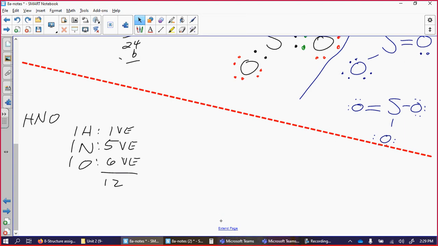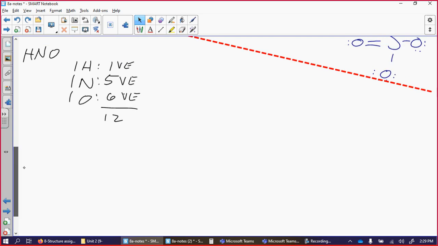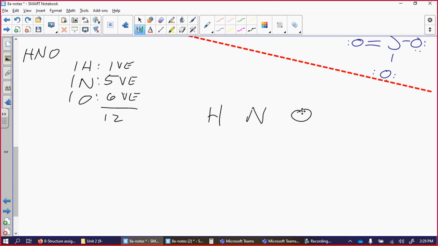Of those 3, which is the least electronegative? Well, technically hydrogen, but can hydrogen be in the middle? So we're going to put nitrogen in the middle, put a hydrogen here and an oxygen there. I know I need to put 2 electrons here and 2 electrons there because they have to be initially stuck together. So that's taken care of 4. So I've got 10 electrons left.